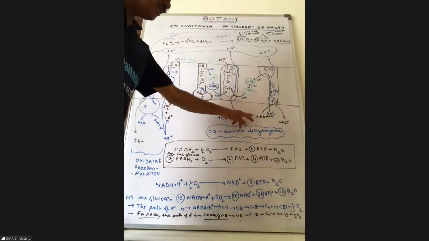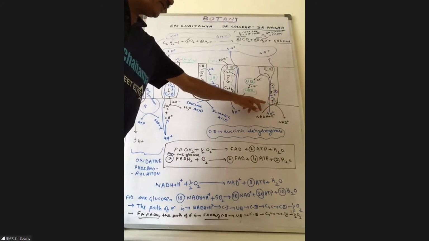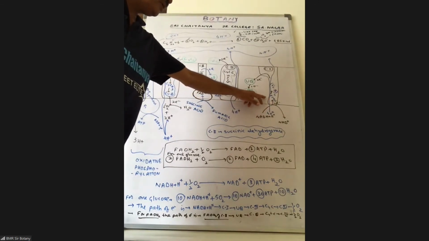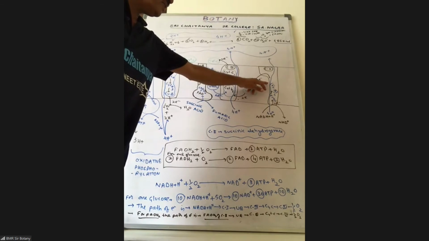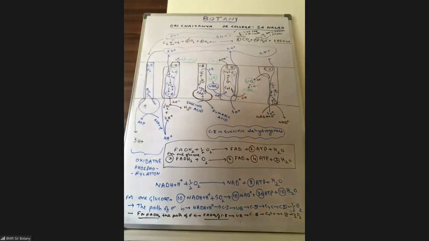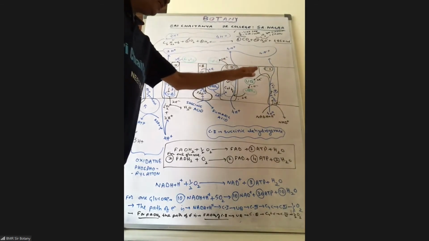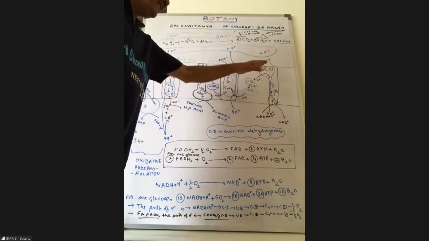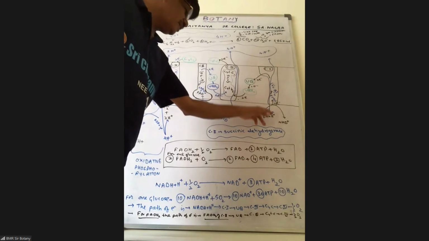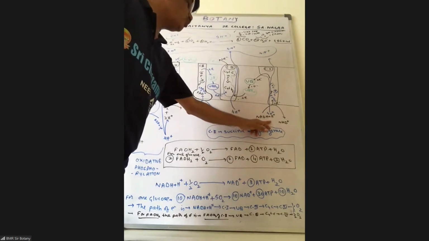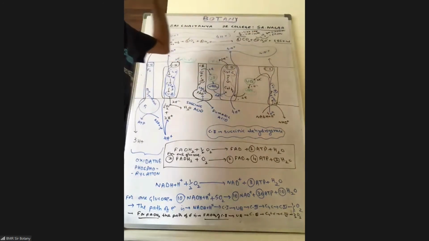All of you listen once again. When NADH undergoes oxidation, electrons are passed on to the FMN part, then the iron sulfur center of complex 1. Then complex 1 donates the same electrons to ubiquinone. While donating to ubiquinone, it will pump 4 protons from the stroma to the intermembrane space.